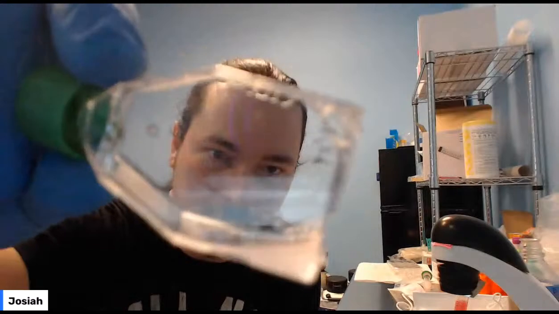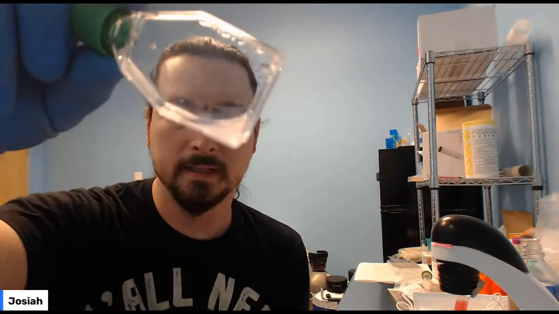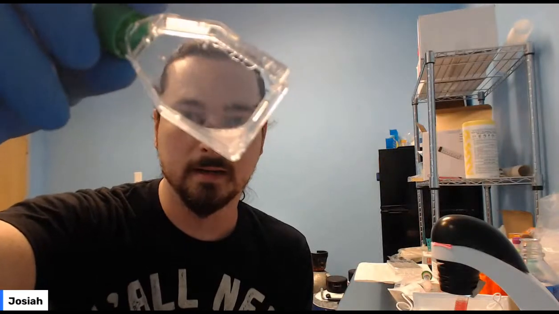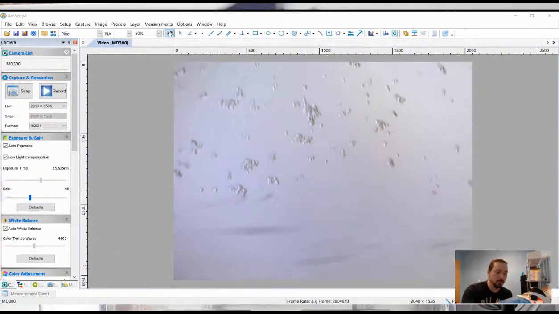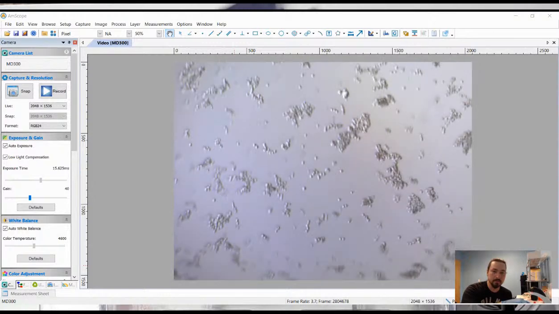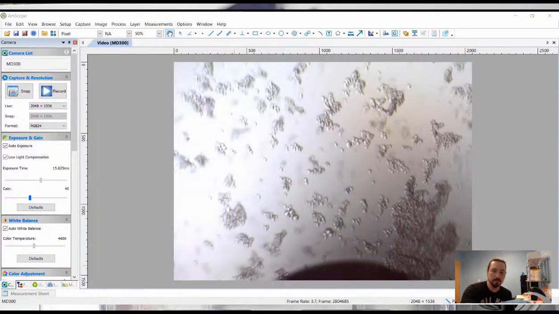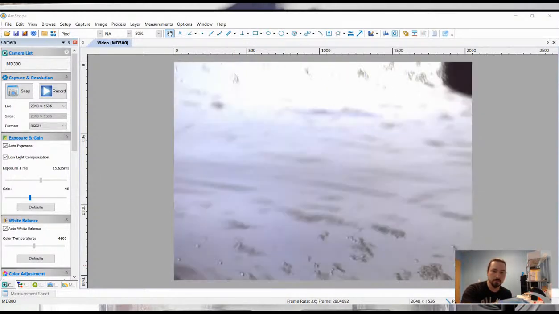So you can see the cells are now sort of in the solution. You can see how it's sort of opaque and not just clear or watery looking. When you look at it under the microscope, you can see the cells are now, instead of attached to the bottom, round and floating around. So this is what the trypsin does.